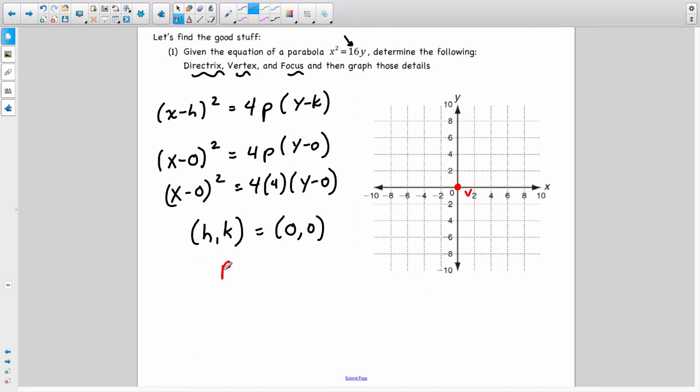Now my p, the p value is positive 4. That tells me that this opens up.